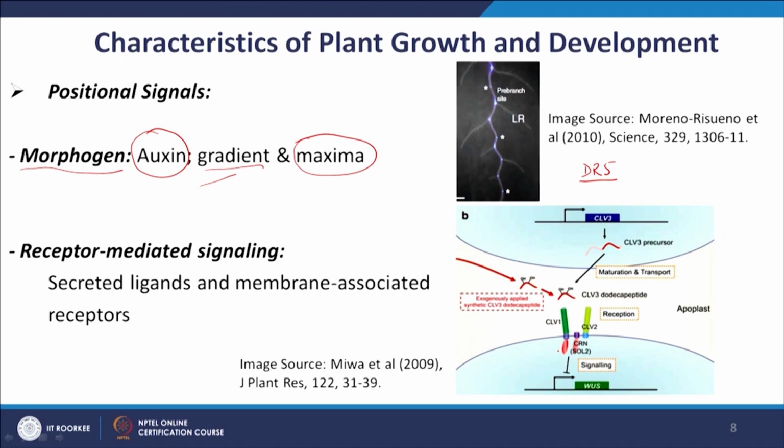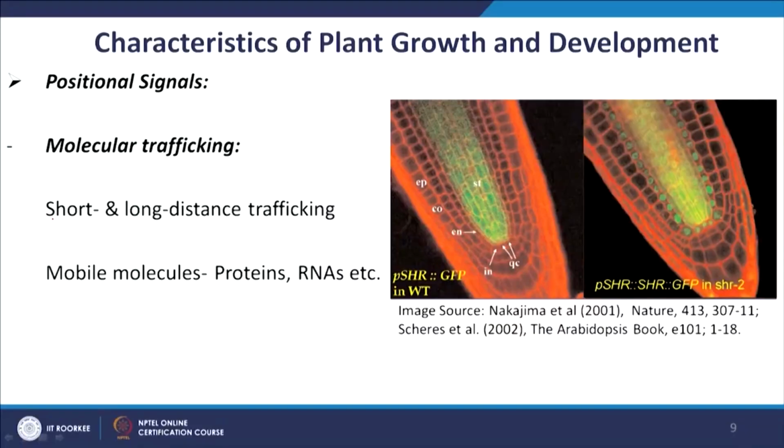The third and very important mechanism in case of plants is molecular trafficking. As I said, plant cell walls are very rigid and very tightly glued, and plants cannot move from one place to another; their position is fixed during development. Then how do they communicate? To break this barrier, plants have developed a wonderful way of cell to cell communication called symplastic cell to cell communication, which can help in short as well as long distance trafficking.